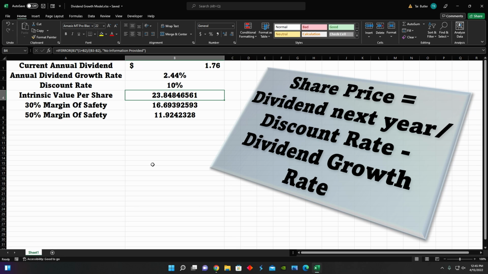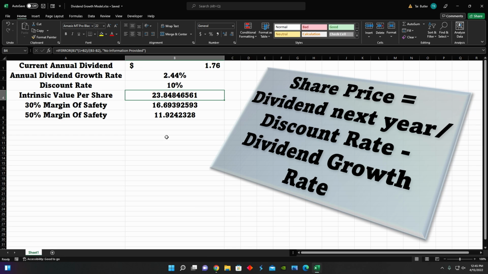And then it also assumes that the company's dividend will continue to grow at the estimated annual growth rate forever. Sometimes companies don't grow their dividends. Sometimes their dividend decreases from year to year. If that does happen, then this model can't be used as accurately to figure out the intrinsic value per share of a company's stock price.